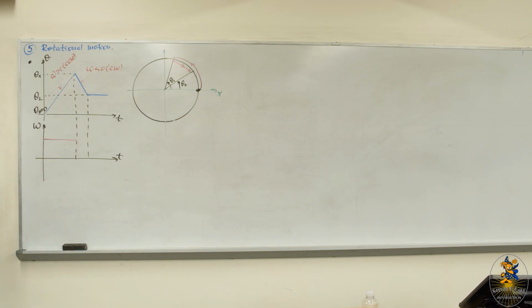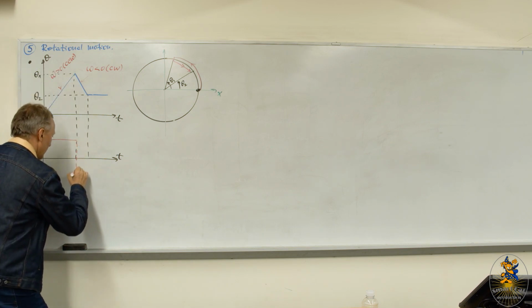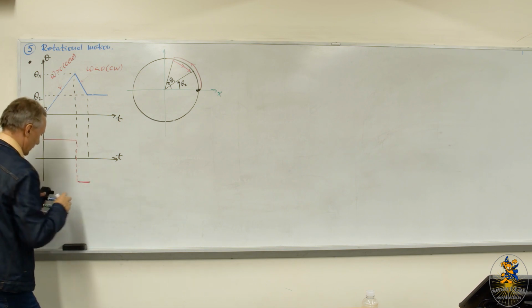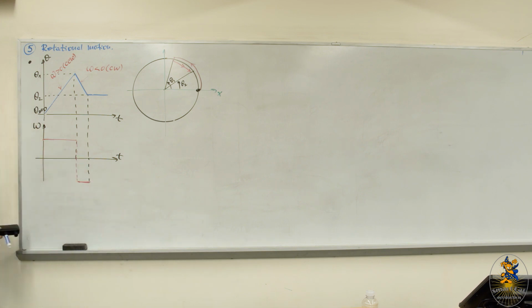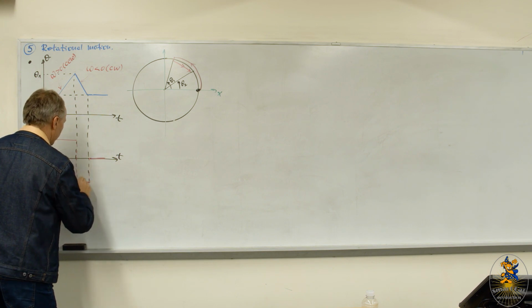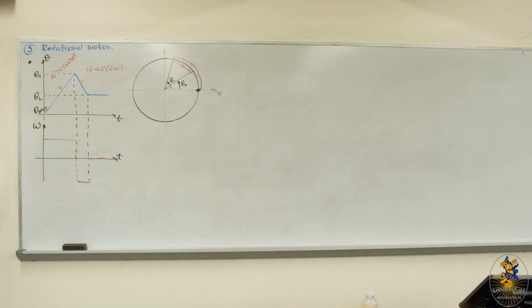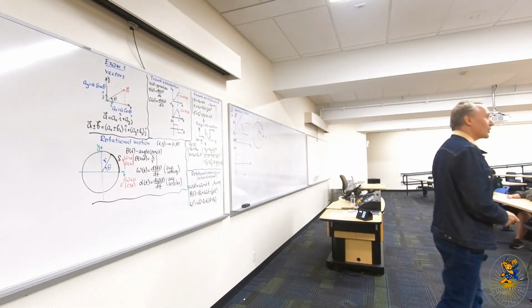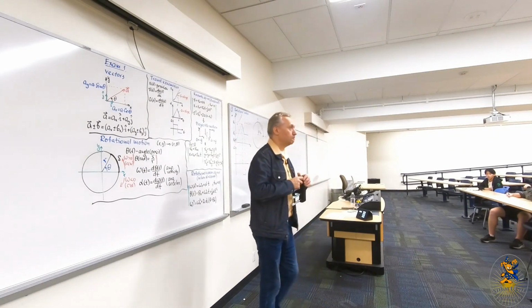It's negative, so velocity jumps to some negative value and then stays constant all the way to that point. And after that, theta stays constant. It means angular velocity is 0. So now it jumps to 0 and stays 0. Actually, this description is easier than those one-dimensional changes in x.